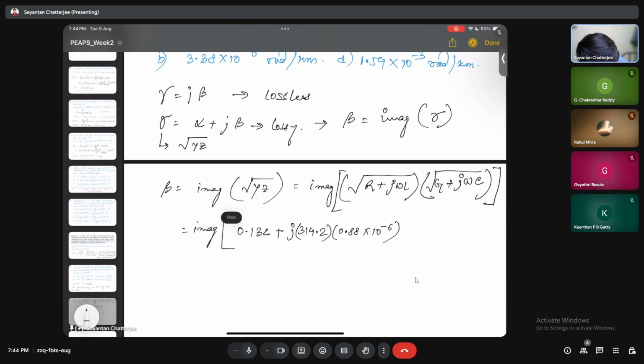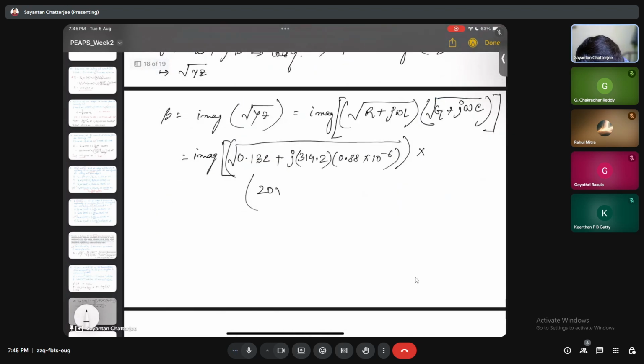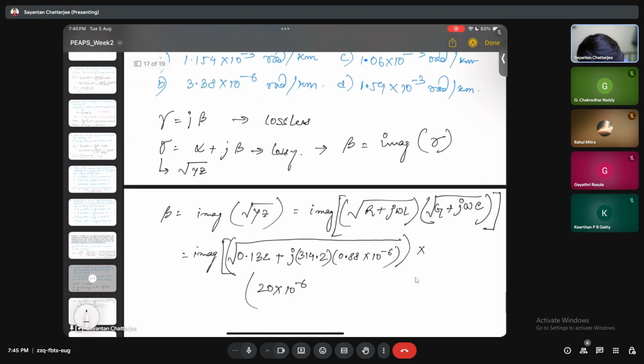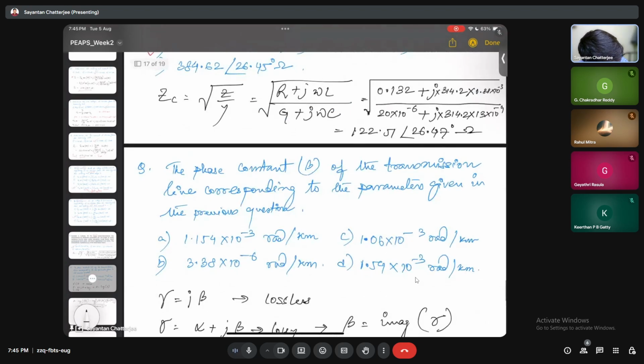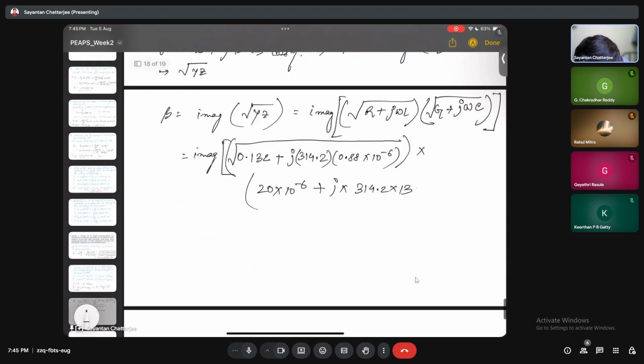So this is this square root, and on the other one, g means 26 plus j into 30 plus j into 314.2 into 13 into 10 to the minus 9.